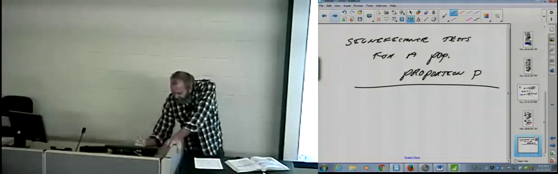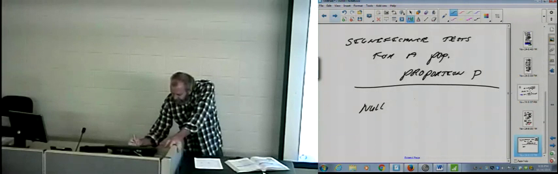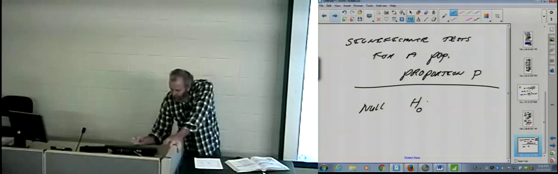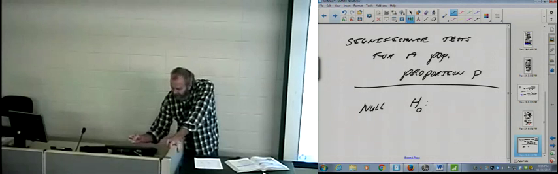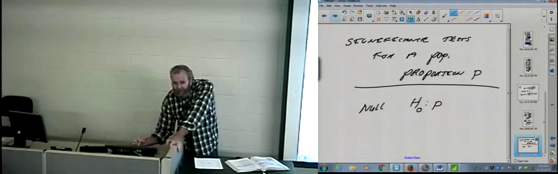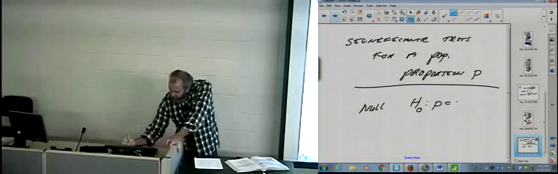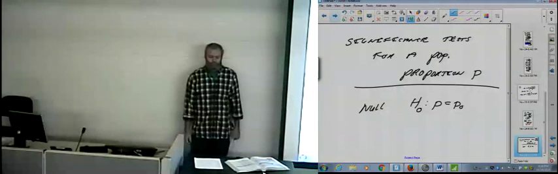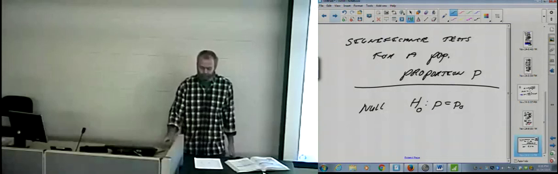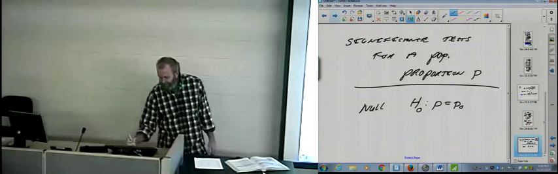Well, in this case, the null is your population parameter is not a mu, it is a p. And it's going to be equal to some fixed value that comes out of the problem. All right.